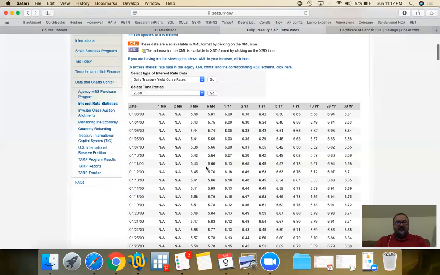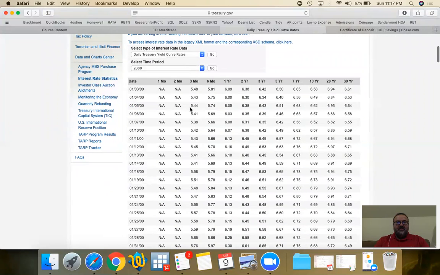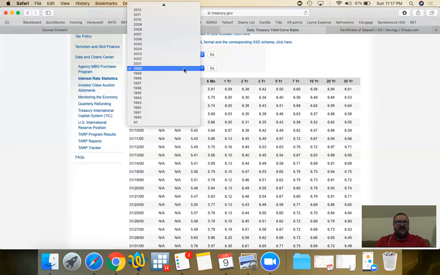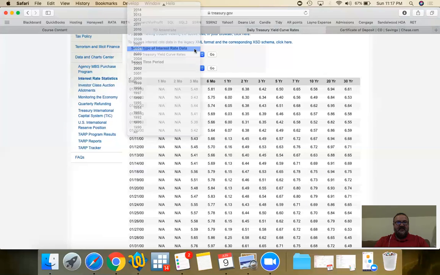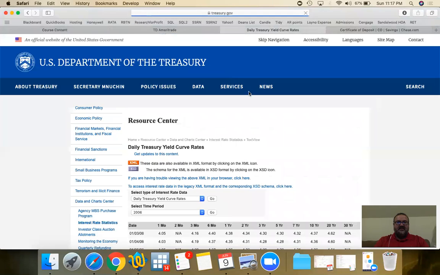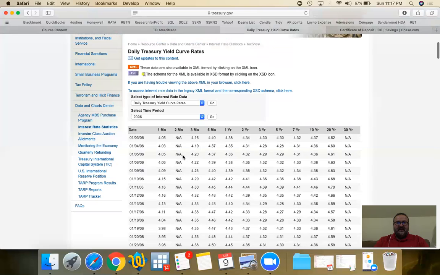We didn't have 1 month or 2 months, and 3 months was 5.48%, and 30-year was 6.61%. Let's take a look at 2006, right before the crisis, and you'll see that then we didn't have 30 years. 1 month sold for 4.05%, and 20 years sold for 4.62%.